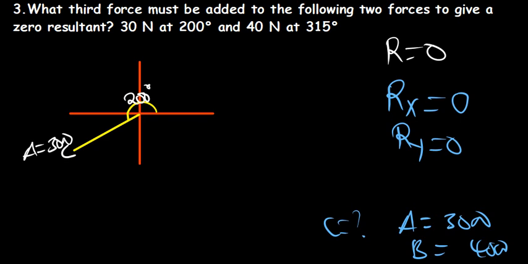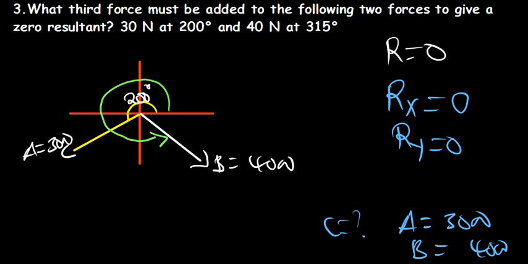The next thing is vector B, which is 315 degrees. 315 is in the fourth quadrant. I'll put it there, and I'll denote this as my vector B, equal to 40 Newton, starting from here, going all the way until it touches the vector, that is my 315 degrees.